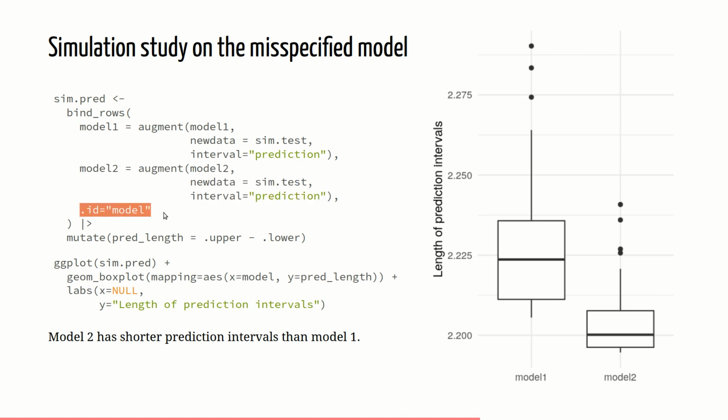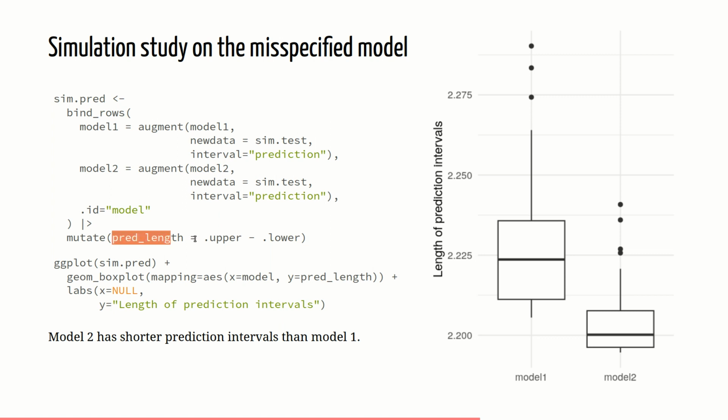The id equals model argument means I get another column called model, filled in with model 1 or model 2. So I get 50 rows of prediction from model 1, 50 rows from model 2, and a variable called model saying which row comes from which model.